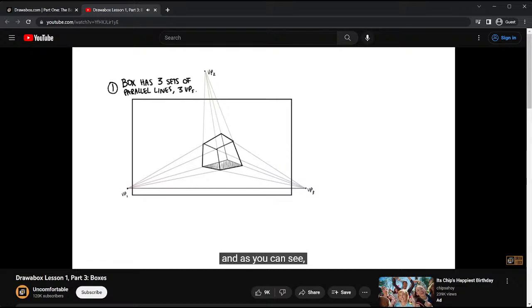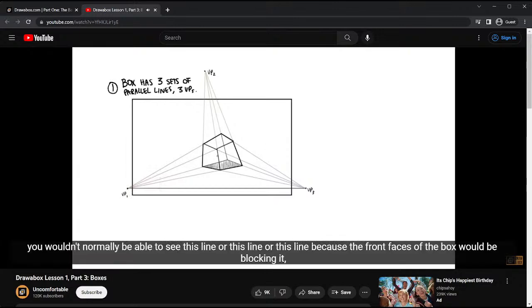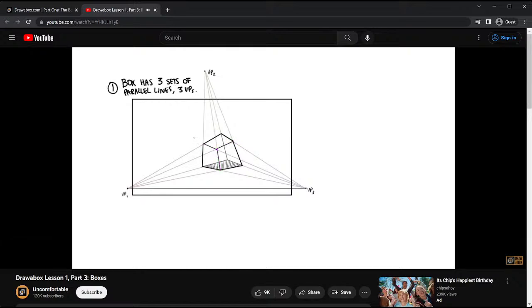And as you can see here, I have actually drawn the far side of this box. So normally you wouldn't be able to see this edge here, or this one. I'll just highlight them actually. Here. So you wouldn't normally be able to see this line or this line or this line because the front faces of the box would be blocking it.